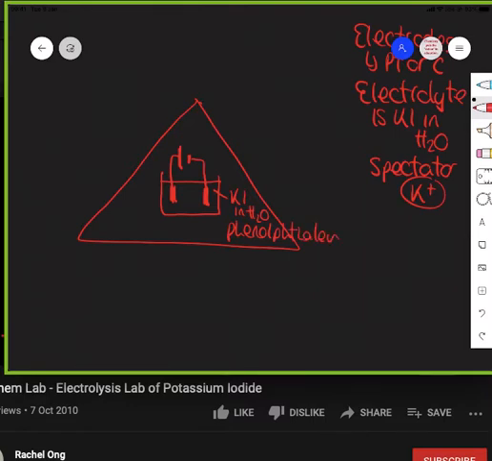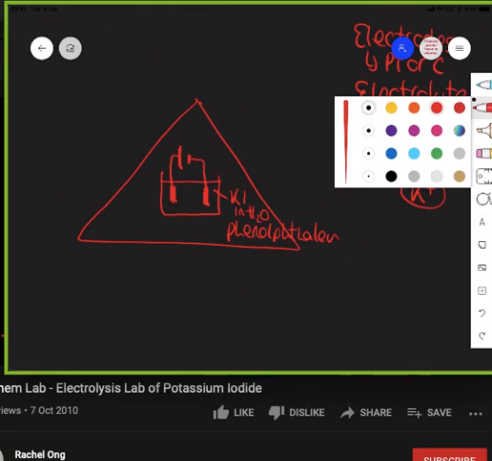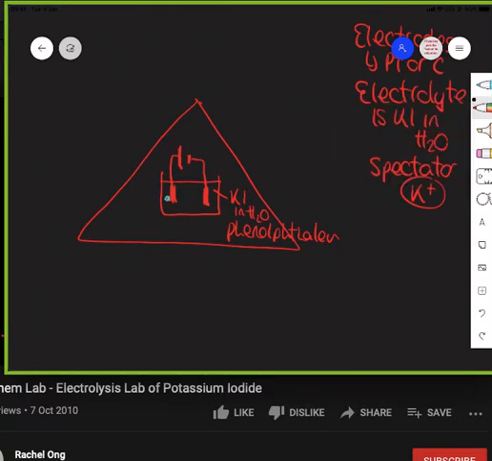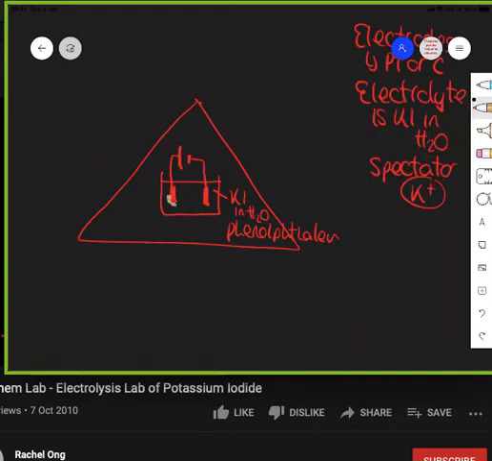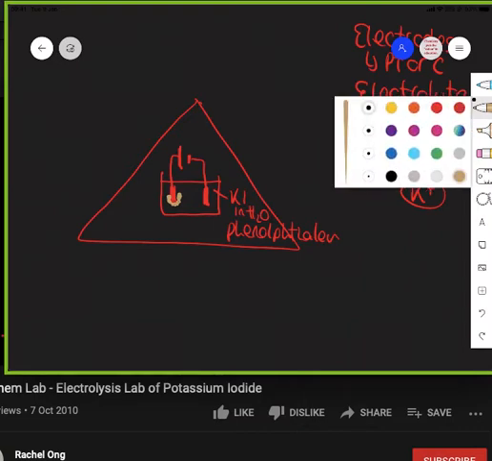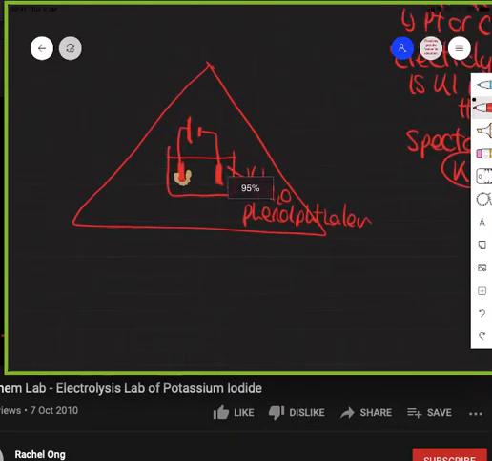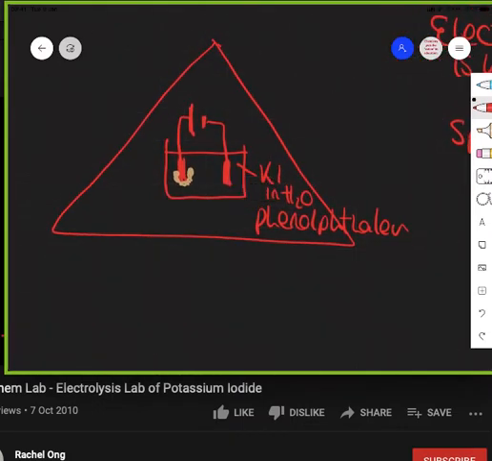Okay, so at this side, I'm going to make it slightly brown. You will start to see brown, and we will also get bubbles.